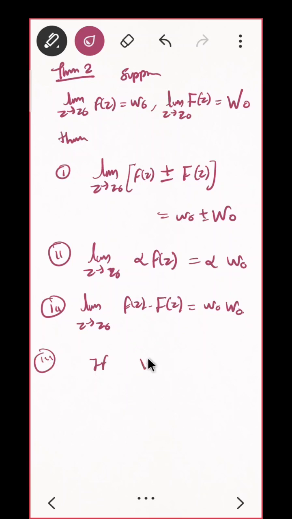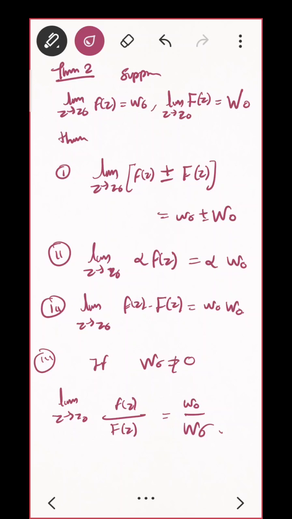If capital W naught is non-zero, then you say for division also. Limit z tending to z naught, f of z upon capital F of z, that is equal to w naught upon capital W naught. Correct? The proof is the same as what you did in your first year and second year. What will you need to do?